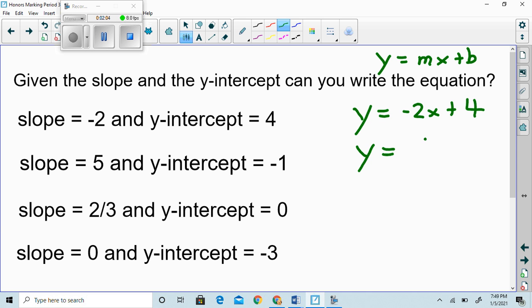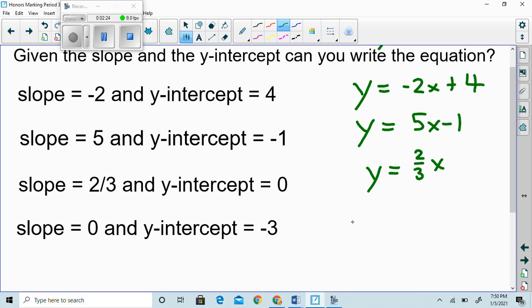Y is equal to 5x minus 1. Third one, y is equal to 2/3 x plus 0. Well, I don't need to write the 0, and if you recall, that's our model of direct variation.